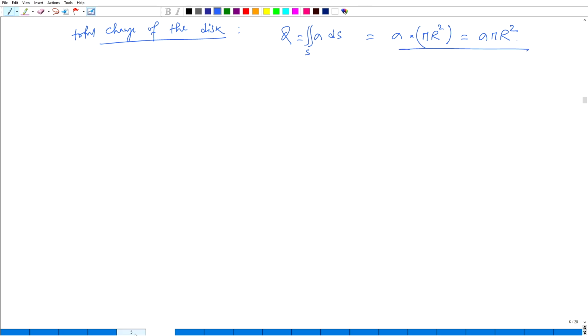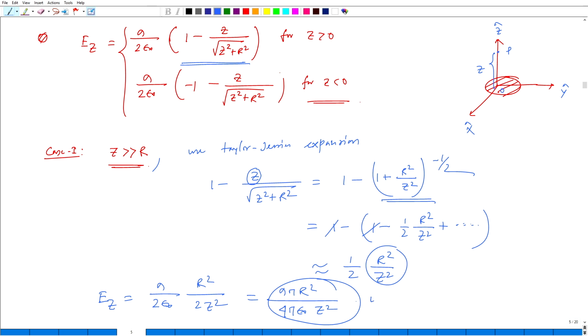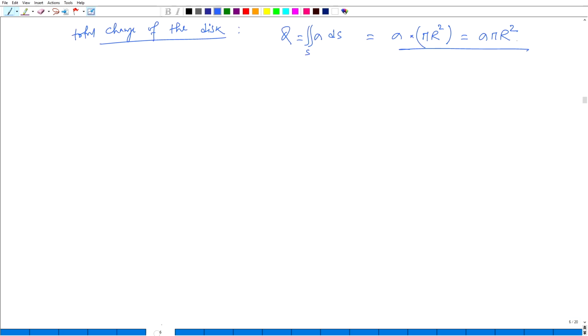So, now if we plug into this expression, equation 1, we get Ez becomes 1 over 4 pi epsilon naught times q over z square. So, this is exactly the electric field due to a point charge q. That is expected.